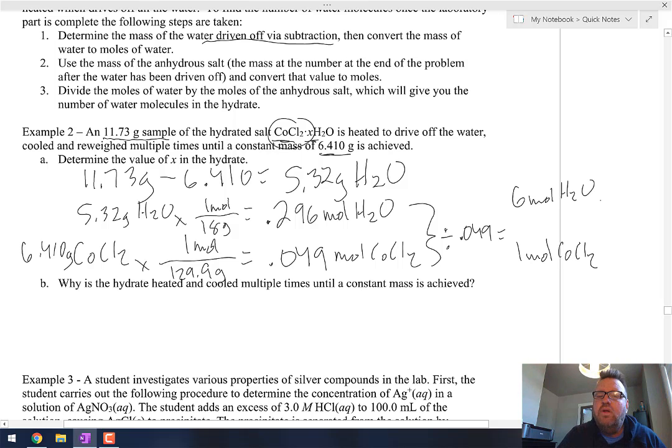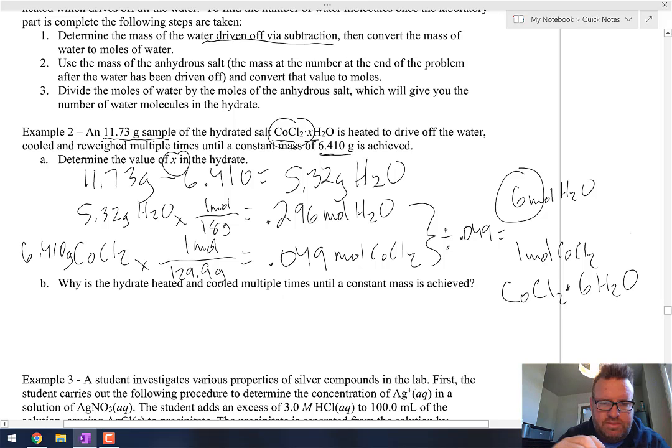Okay, so, therefore, the value of X in the hydrate is 6. And so the formula would be written CoCl2 dot 6H2O.